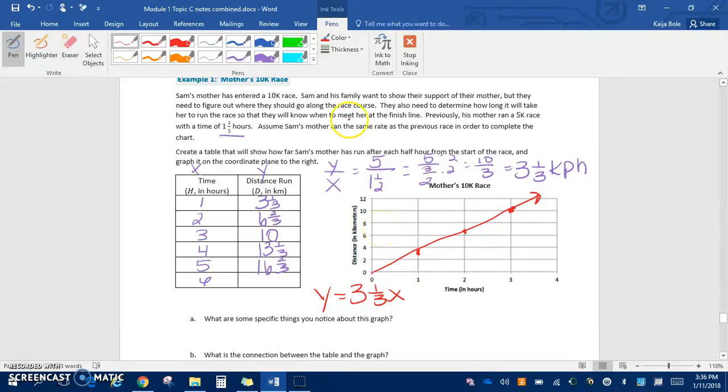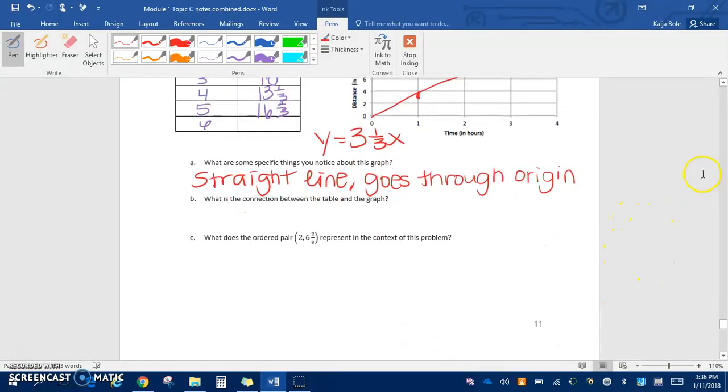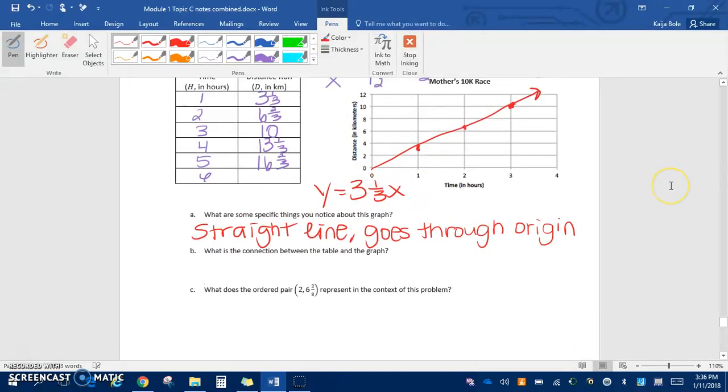So part A says, what are some specific things you notice about the graph? So if we remember back to what we had to notice before, we noticed that it's a straight line, and it goes through the origin. Alright, so that's the first thing. And then if you flip over to the next page in your packet, it says, what is the connection between the table and the graph?